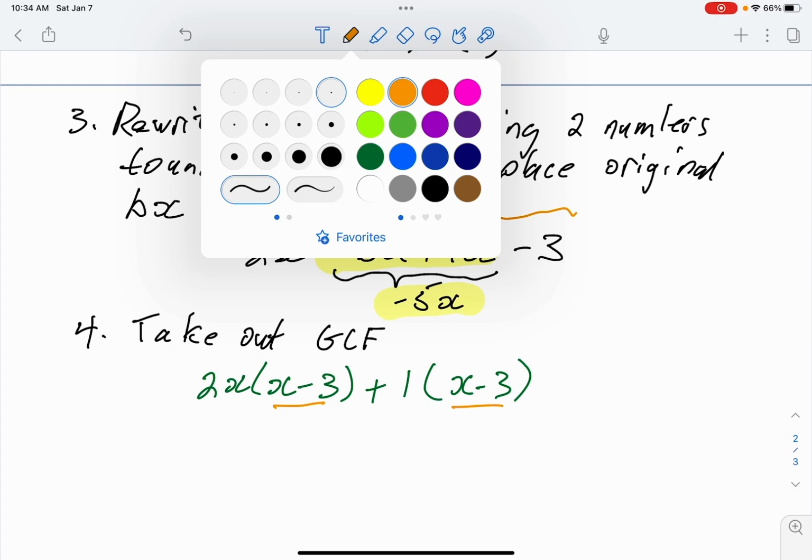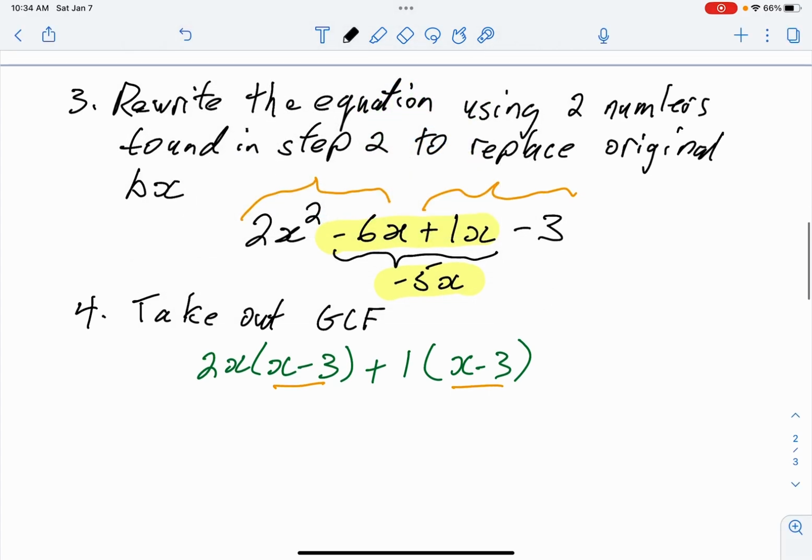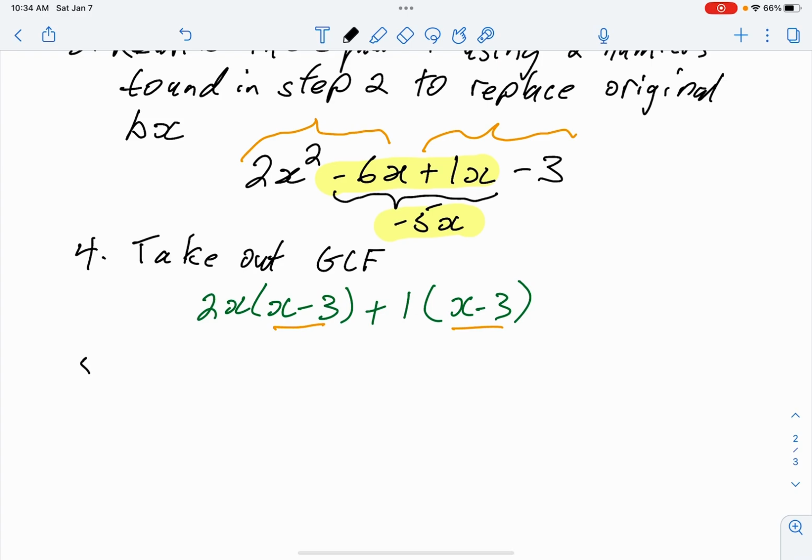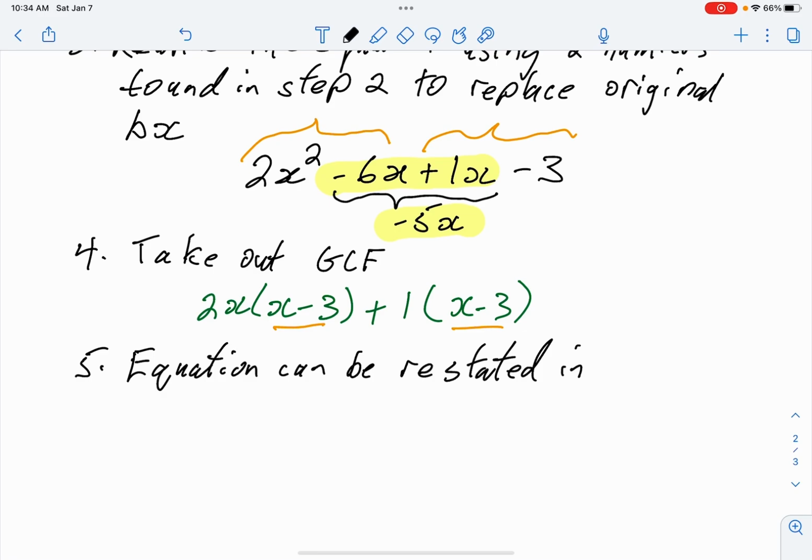Okay, step number 5. Last but not least, the equation can be restated in factorable form. Okay, so let's do that.